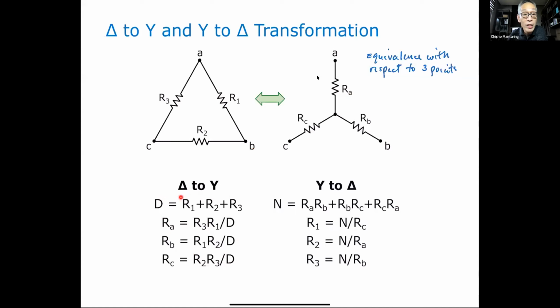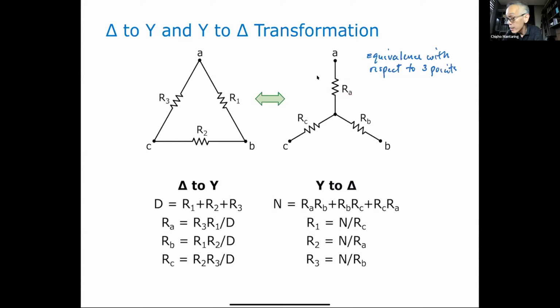So we call this delta to Y, for obvious reasons. I have a common denominator. My denominator is the sum of the 3 resistances. And my numerator, let's take a look. If I'm computing for RA, my numerator is this resistance and this resistance. It is the resistances on the sides of RA in the original delta.